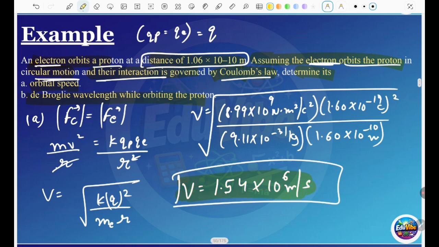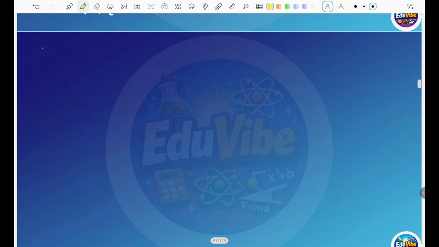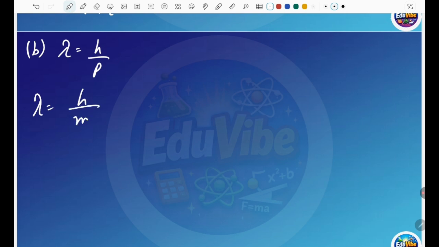So you have a velocity now, and you have to find the wavelength again. So we use the same formula we used in the previous question. The wavelength is equal to h upon momentum, h upon m times v. H you know is 6.63 times 10 raised to minus 34 joule seconds.